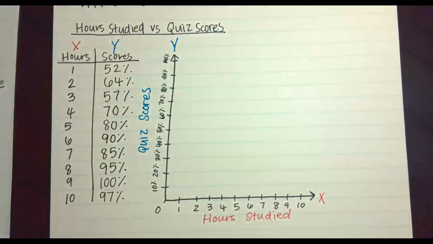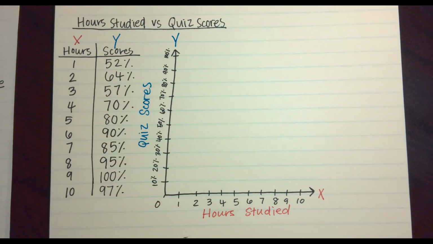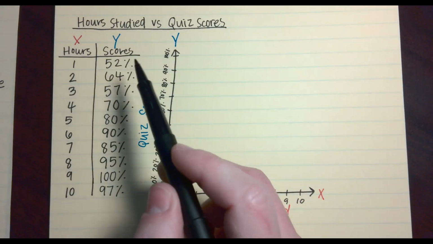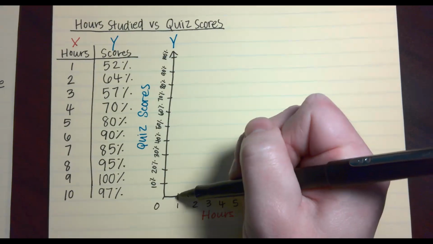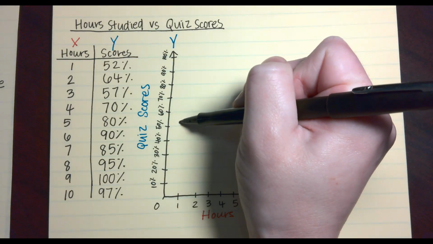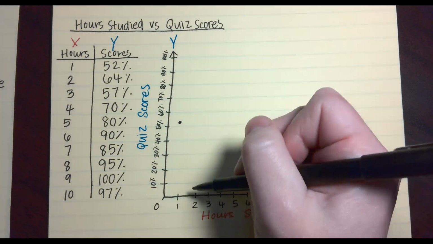Alright, I just labeled mine by tens. You could label yours however you like, as long as you're keeping it to scale and you're putting your points on the accurate spots. So we're just going to go one by one. Once we have everything labeled, I'm going to plot all my points. At 1 hour, I have 52%. So I'll find my 1, I'll find my 50, and I'll just go slightly above 50. Kind of an estimate for where 52 might be. 2 hours got 64.